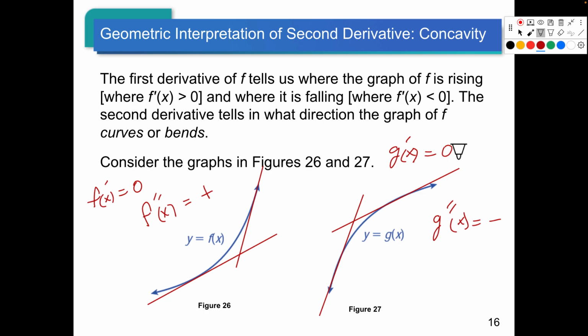And what we know is happening at that critical point is we have either a maximum or a minimum. But when we were doing this, we didn't know whether it would be a maximum or a minimum unless we looked at the graph or plugged it in and compared it to other values. We don't know just from the first derivative being equal to 0. But now we can take the second derivative and figure out whether it is positive or negative.